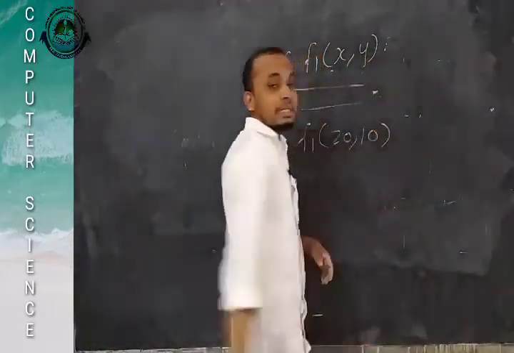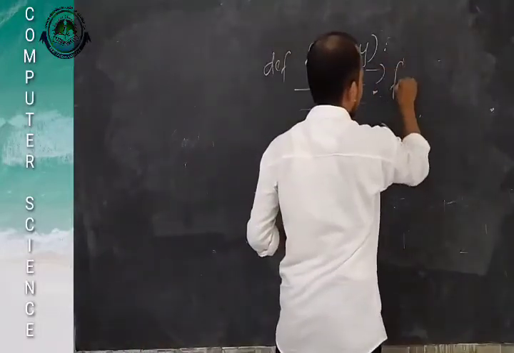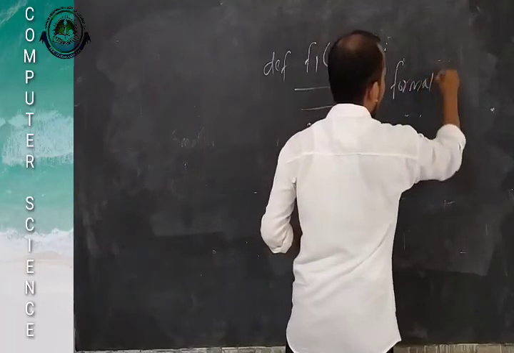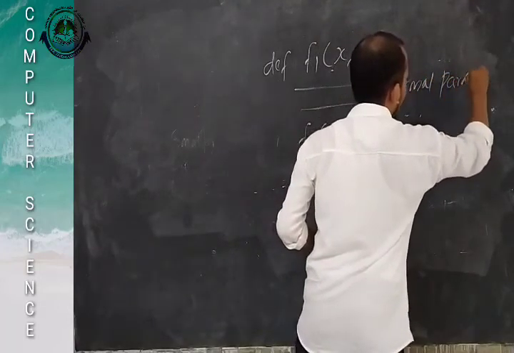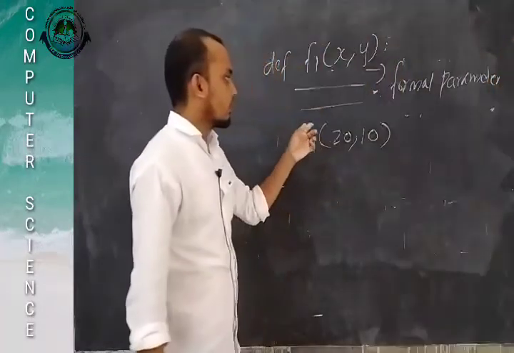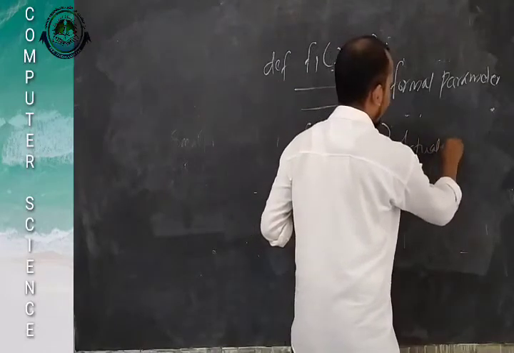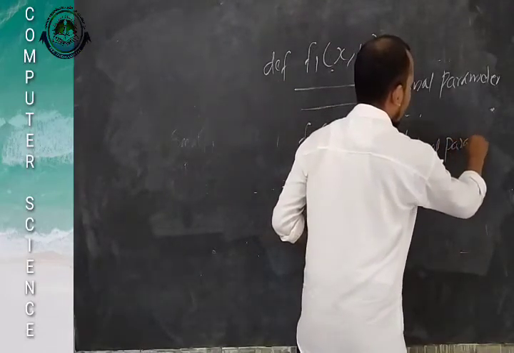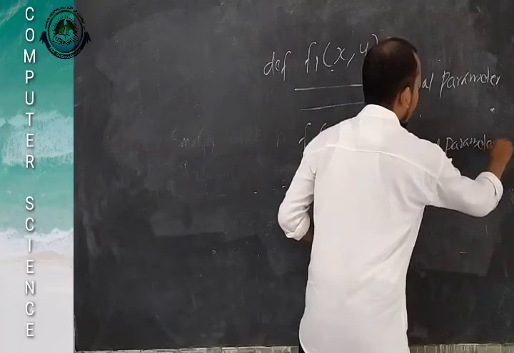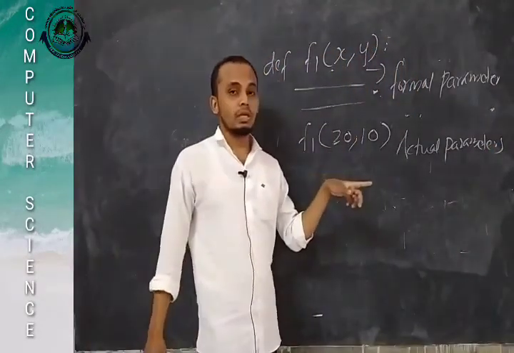Actually, these x and y are called formal parameters. Then this is called actual parameters, or actual arguments.